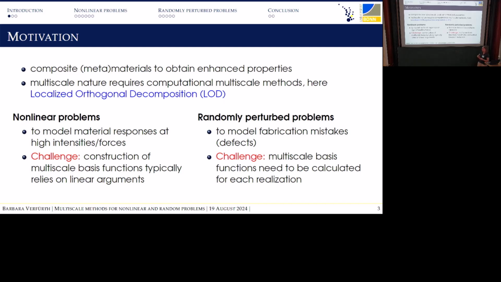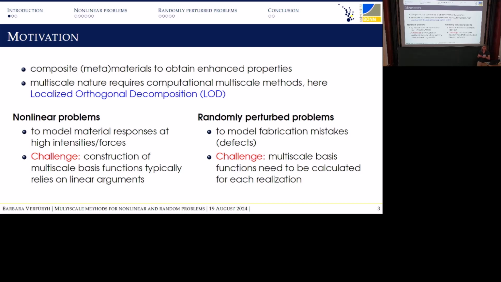The other one is maybe a bit not so clear what I mean by that: randomly perturbed problems. I will give you one model later on as well. I in general see this as one way to model things like fabrication mistakes or defects, that you say that you have some sort of random or uncertainty model where these defects can appear.